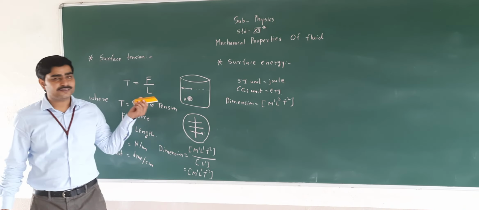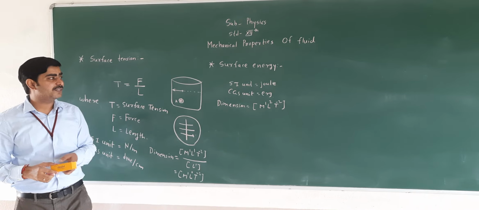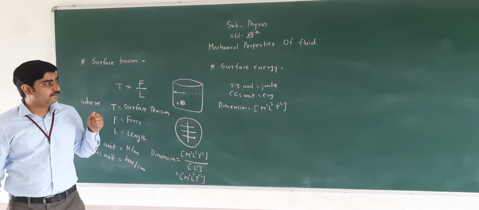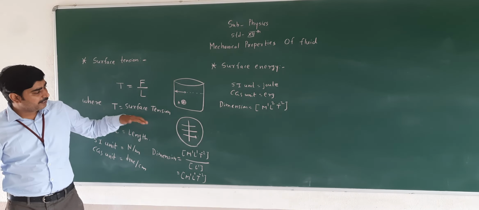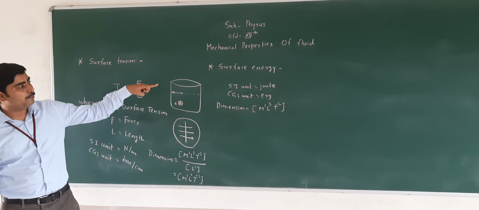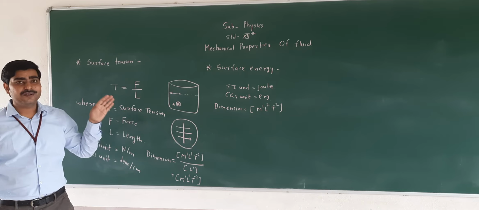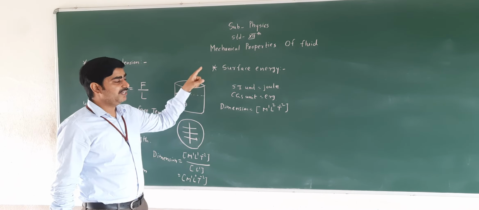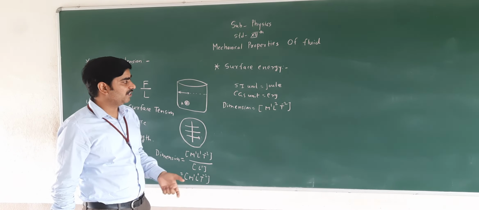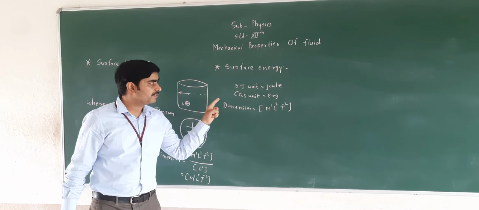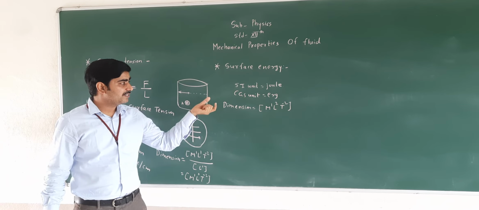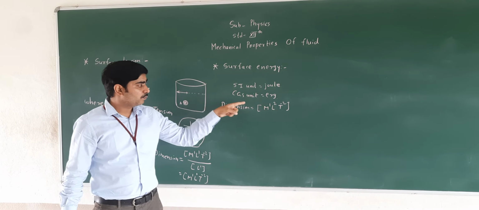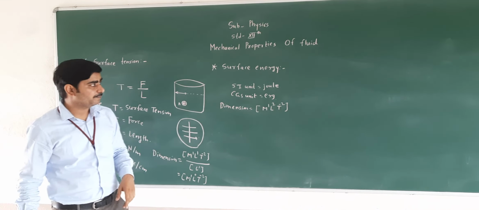So the question may be asked: define surface energy with its SI unit and dimensions. So how we have to define? The amount of work that has to be done to bring the liquid molecule above the surface of water is stored in the form of energy, and that energy is known as surface energy. The SI unit of surface energy is joule, its CGS unit is erg, and its dimensions are 1 in mass, 2 in length, and -2 in time.